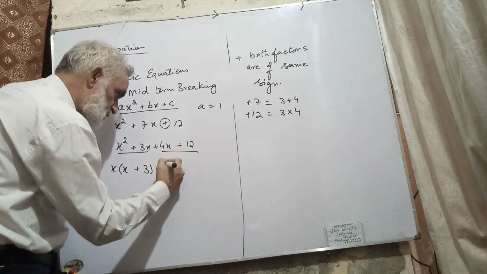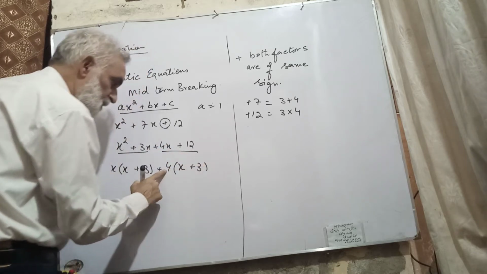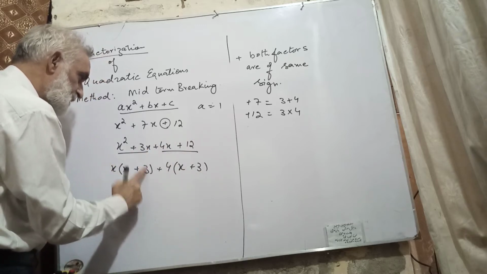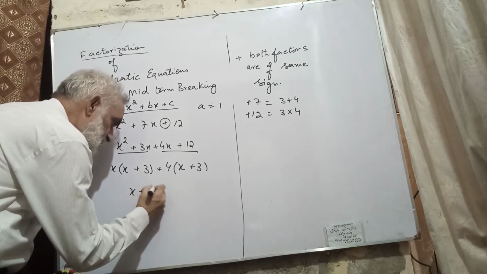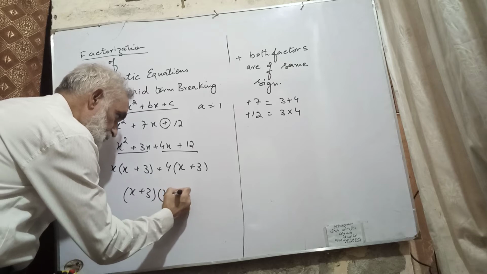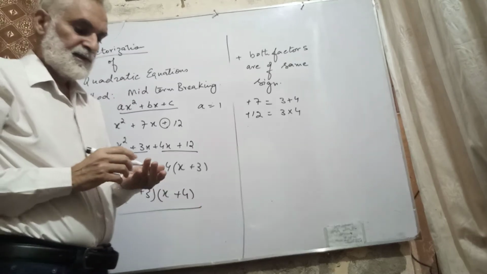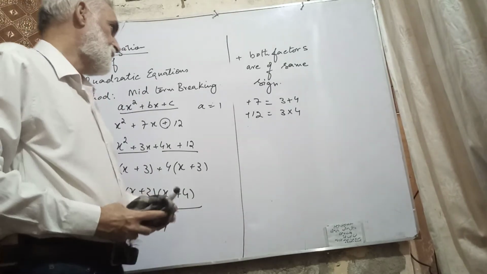And 4 is common to the other two, leaving x plus 3. See, 4x, and 4 times 3 is 12. x times x is x squared, x times 3 is 3x. So now we have x plus 3 and we are left with x plus 4, which is the answer. I hope you understand it. If you don't, please rewind it and see all this again.